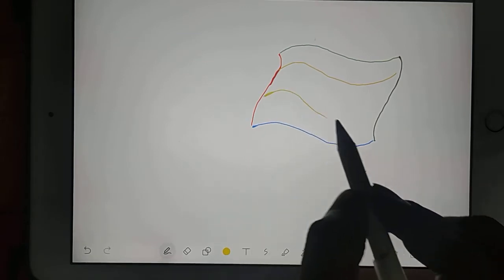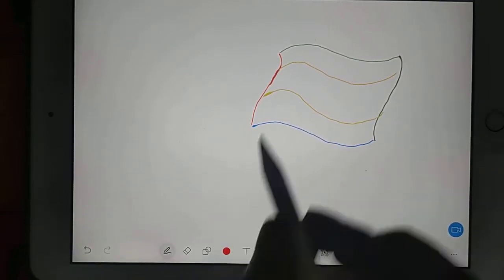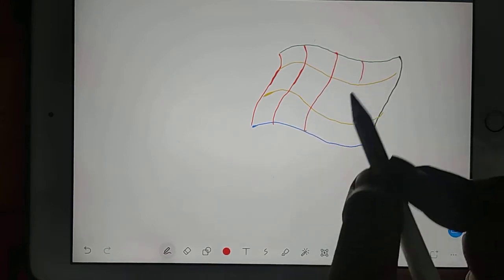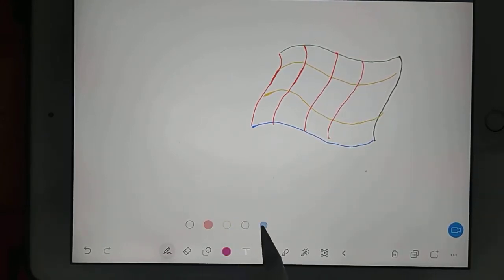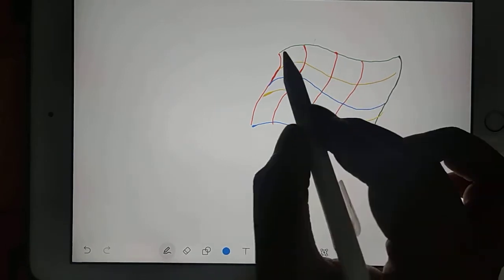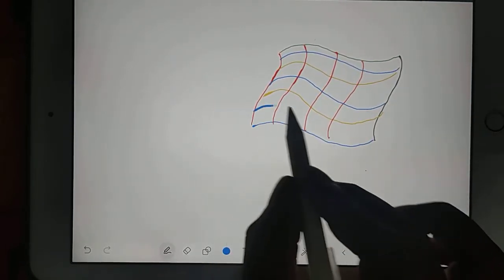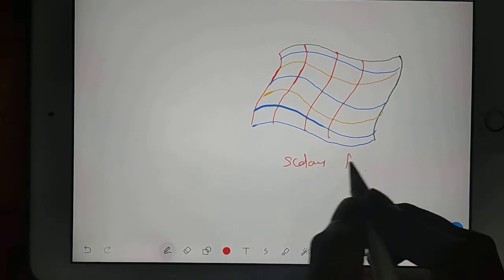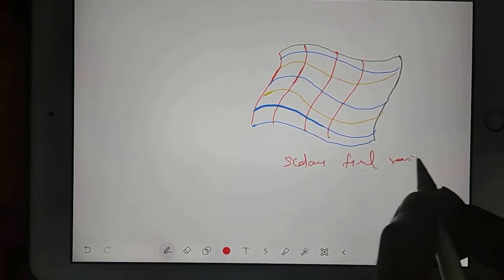Suppose this is my field, and this is a scalar property variation. Suppose this is any scalar field variation.